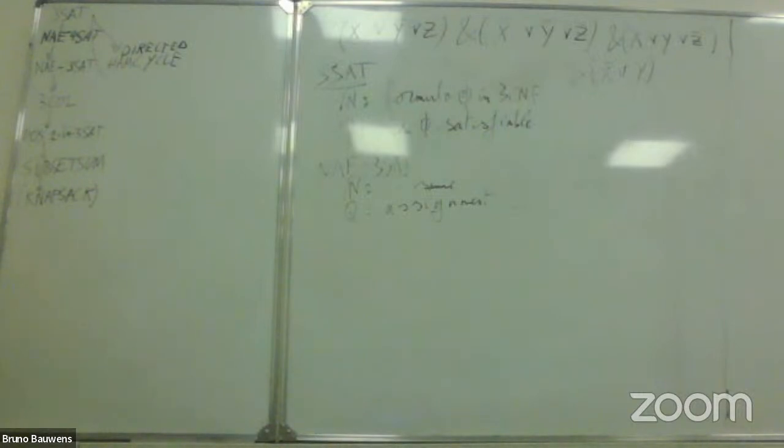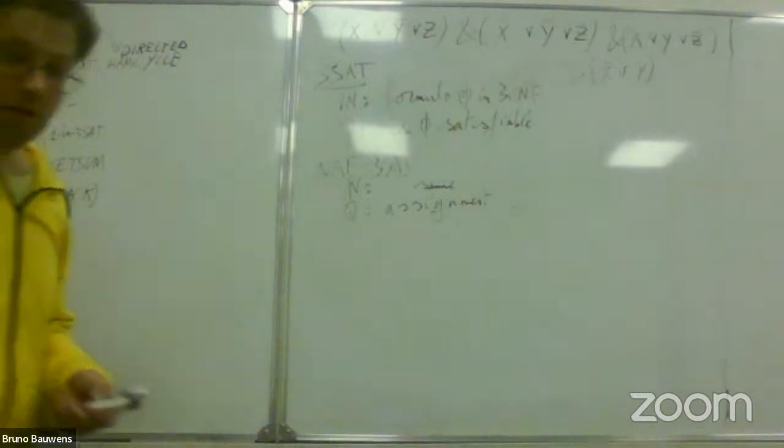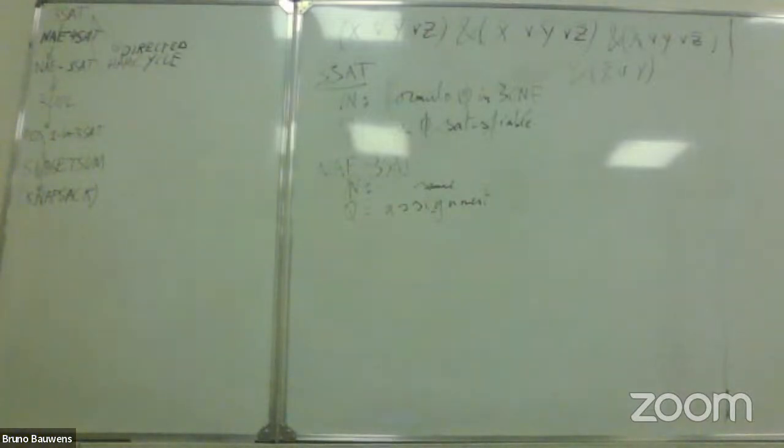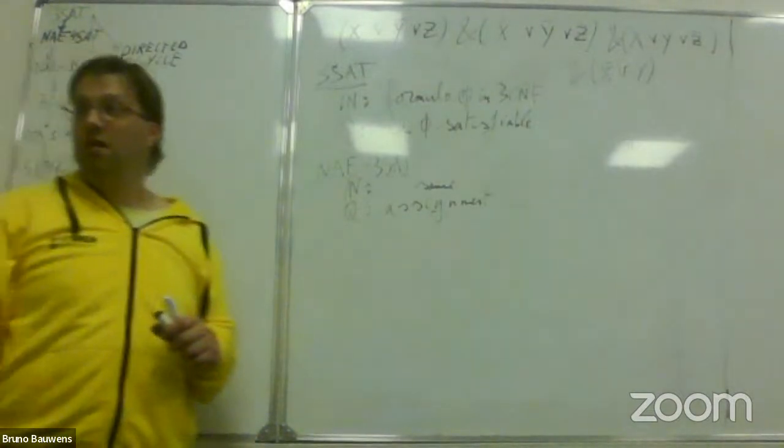So how do you reduce from 3-SAT to not-all-equal 4-SAT? You just add clauses. If all variables are equal, we should expand that equality.